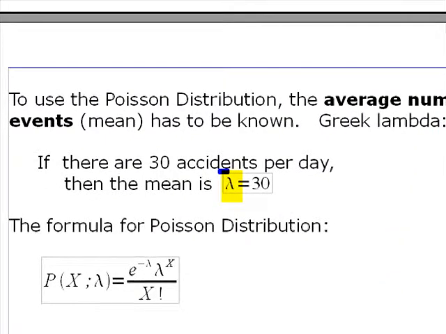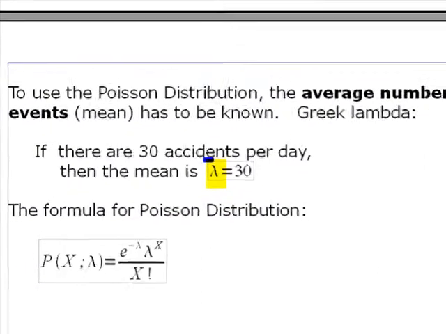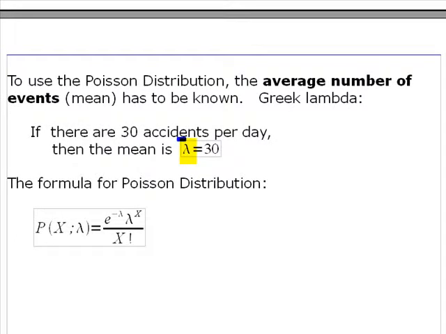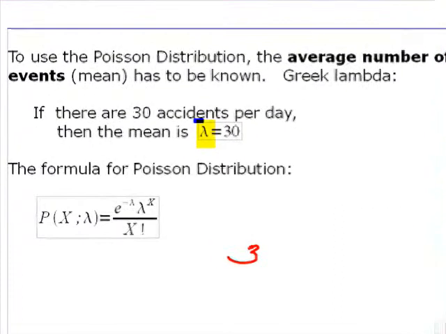You need to find that out. If you don't have it, it has to be given to you in the problem, although it might be given to you in the wrong units. For example, say you need to find the probability of accidents over one day, and you knew the total number of accidents in a year.